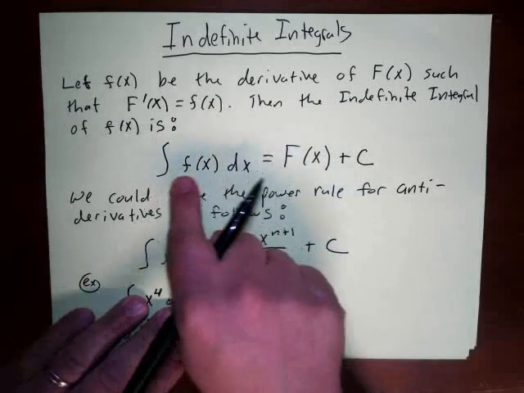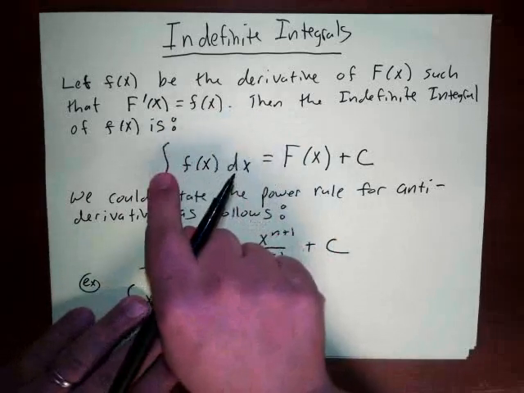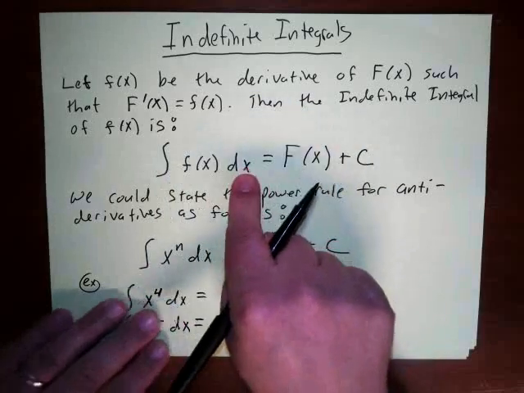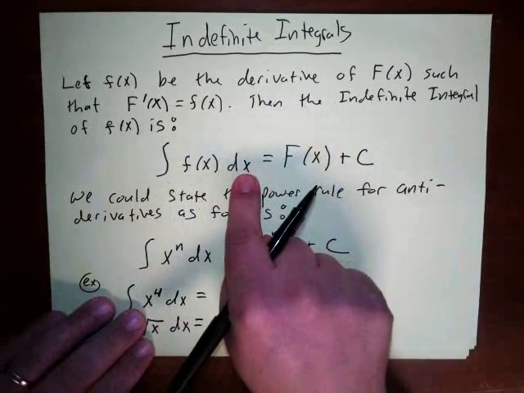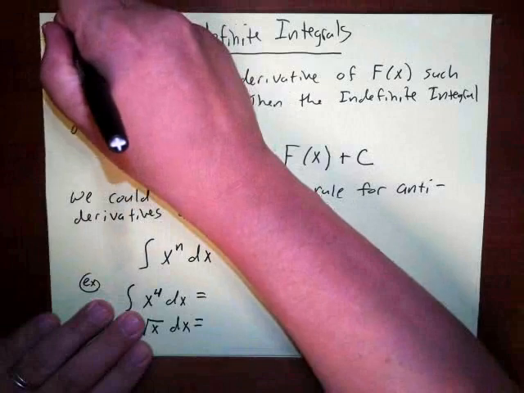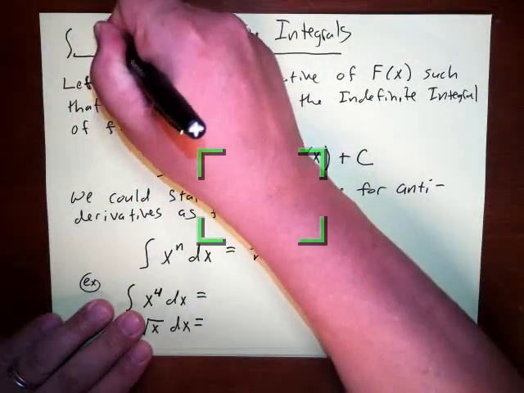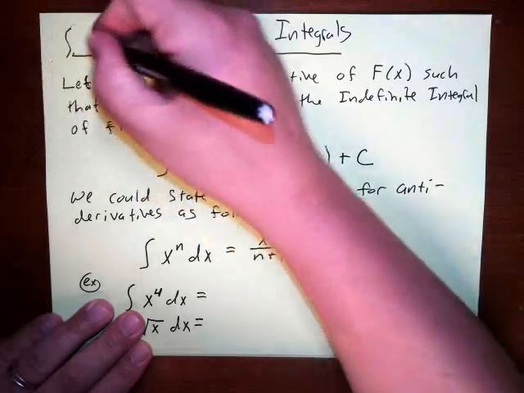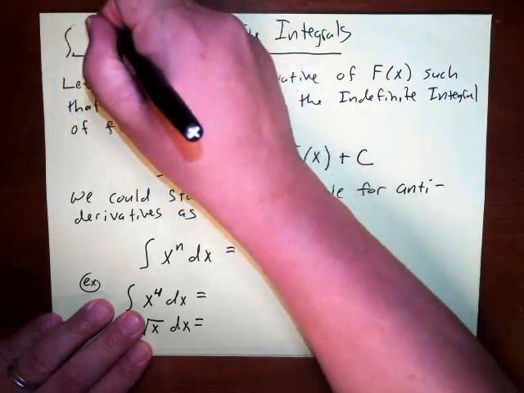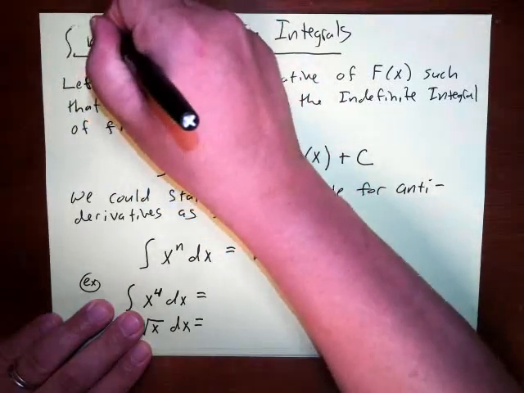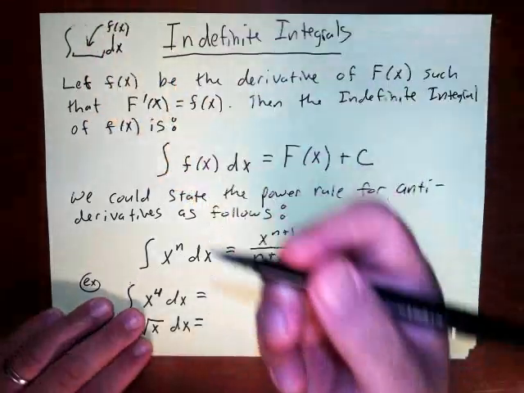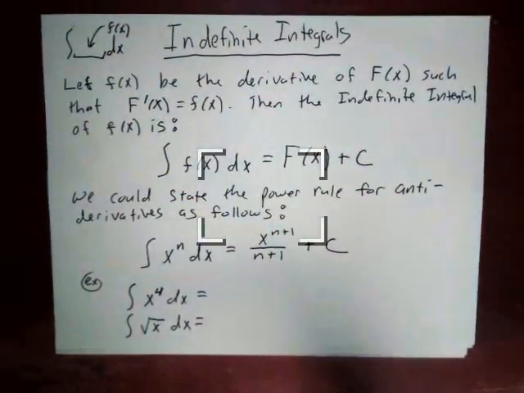Okay? So you have an elongated s over here and a d of x over there, and I think of these two as fitting together: an elongated s at the beginning, a d of x at the end, and inside you put whatever function you're going to integrate.